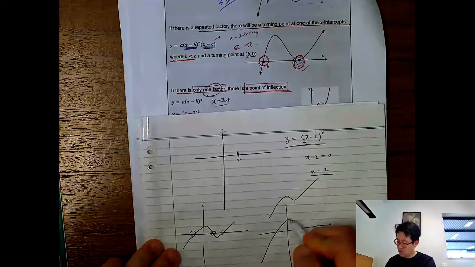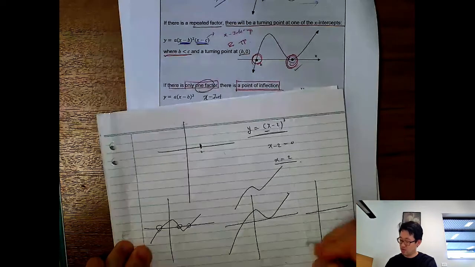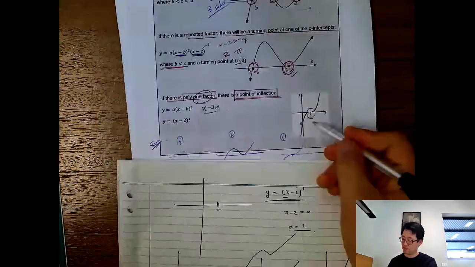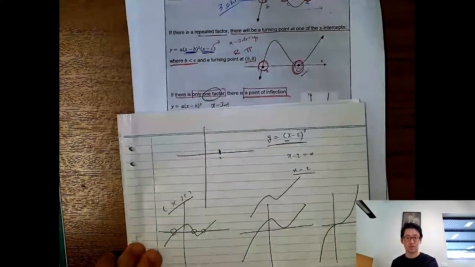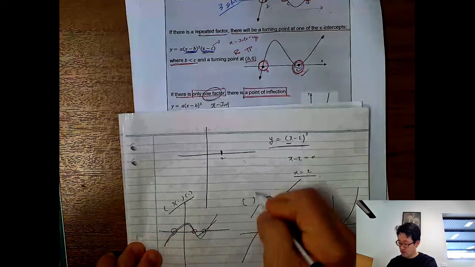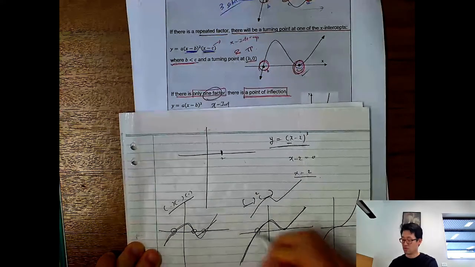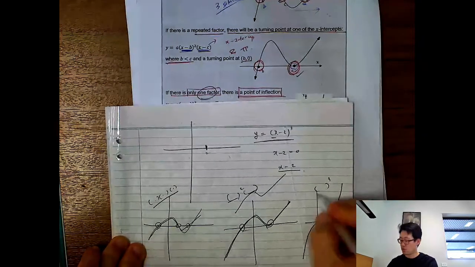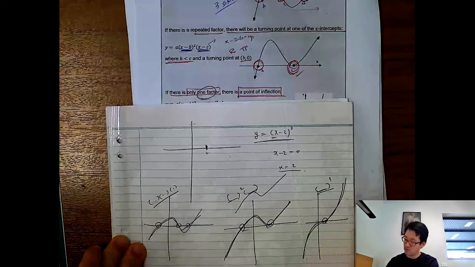You touch twice, 1, 2, isn't it? Now our possibility is we're going up and touch once and go up like that. So when we have 3 brackets, 3 solutions, 1, 2, 3. And we have repeated, 1, 2. We have only one solution, cube, 1 bracket there. We only touch here at this point, 1.